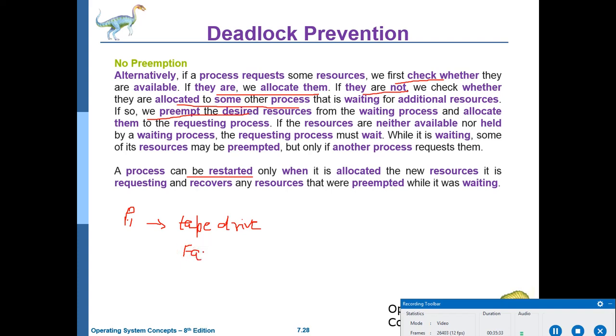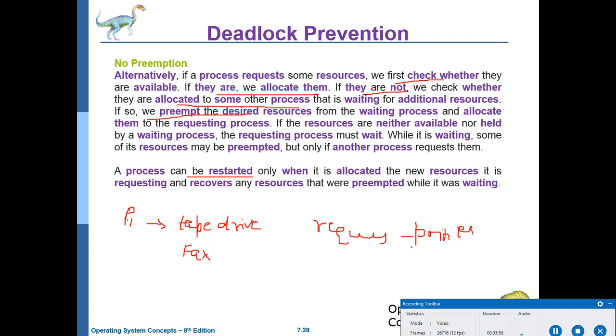I'm going to talk about the two conditions explained here. So process P1 is holding these two. Now it is requesting a printer. What will the operating system do? It will check whether the printer is being used by some process or not.